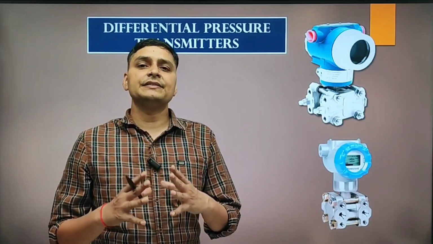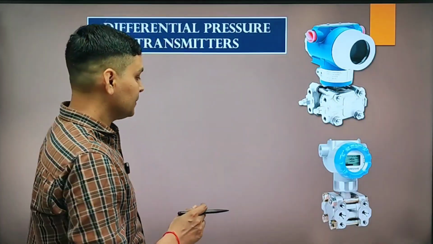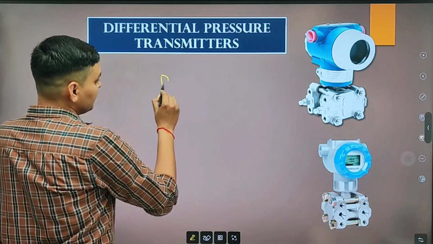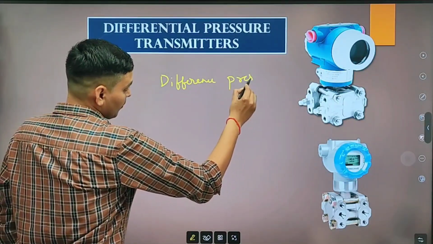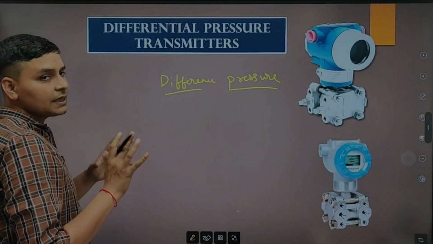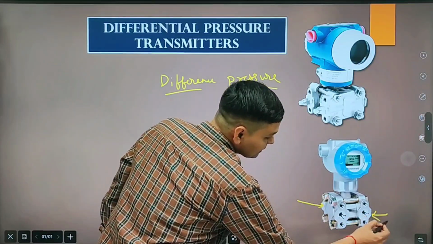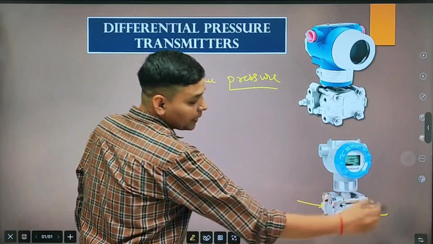Now we will discuss differential pressure transmitter. As the name suggests, a differential pressure transmitter means a transmitter that is used to measure differential pressure. These types of transmitters will measure the pressure difference between two points, between this point and this point.